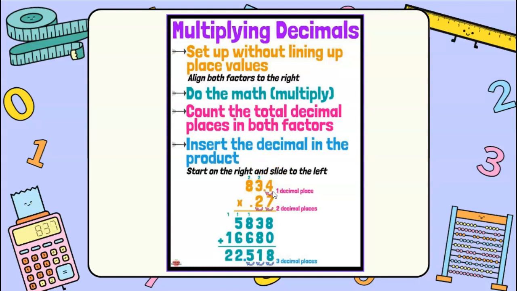So I'm going to start from the right and count towards the left. How many times do I jump until I reach my decimal? We can see in the first factor, I jump once, and the second factor, I jump twice, which is 3 total. So in my answer, I'm going to come down and jump 3 places left, and that will show me where I put my decimal.